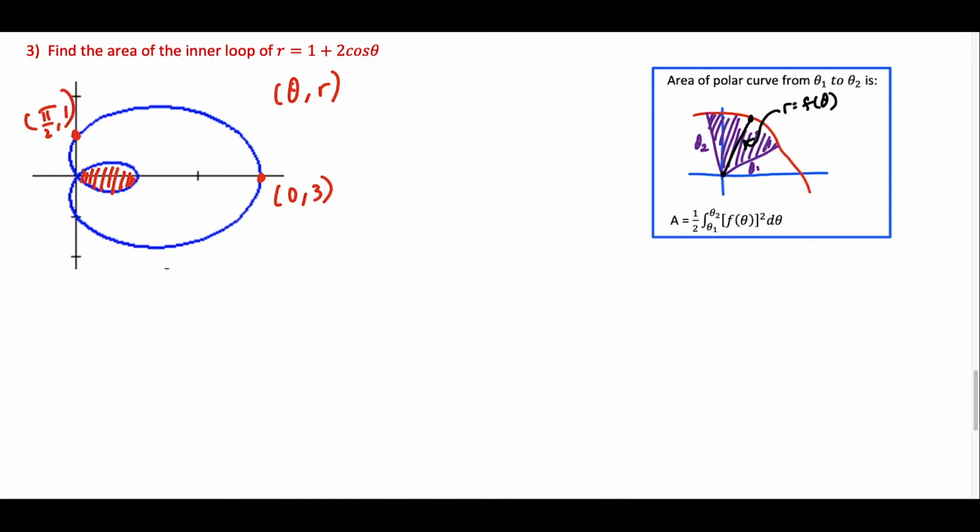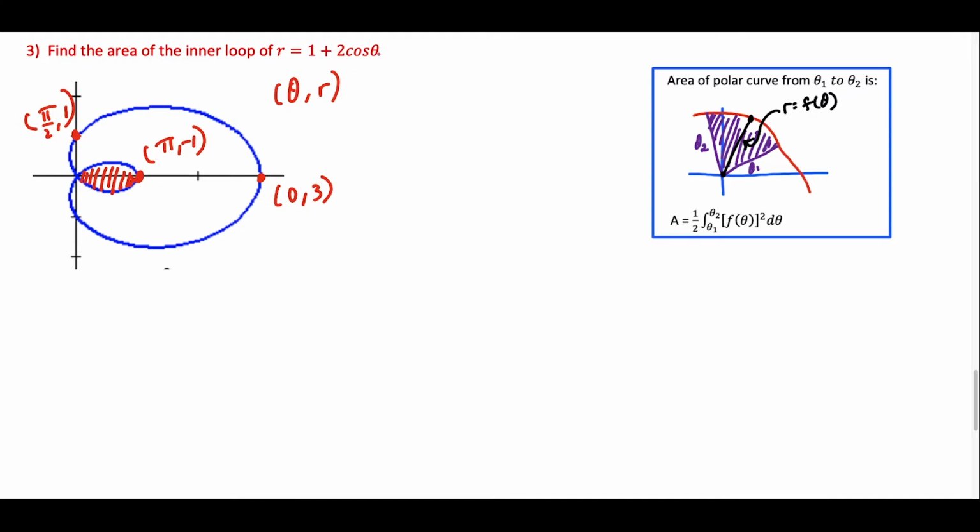At theta equals pi, we would have 1 plus 2 times negative 1, so at theta equals pi, our radius is negative 1. So this point over here is actually pi, negative 1. Instead of going west 1 unit, we're going opposite west. We're going east 1 unit when theta equals pi.